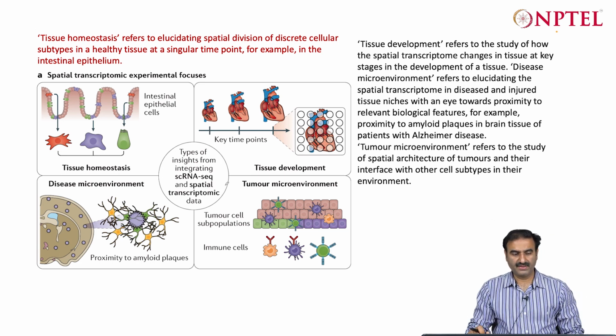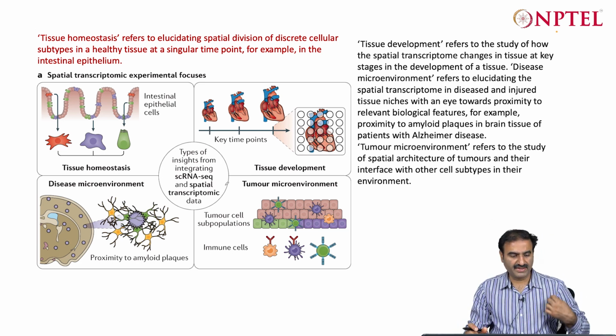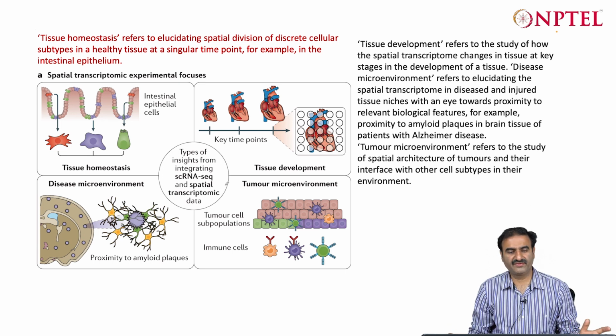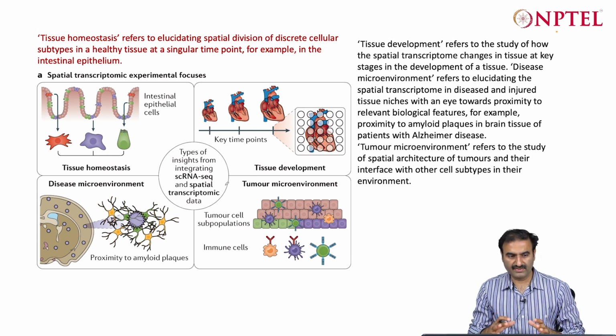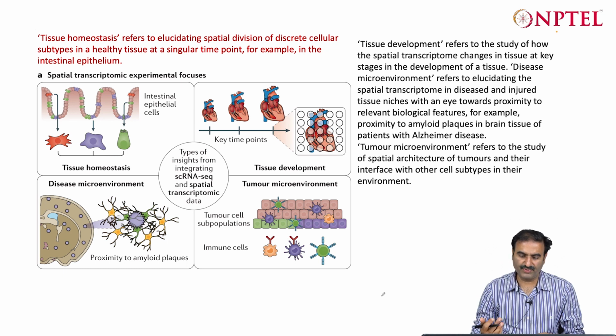And this has a lot of applications, like tissue homeostasis: for a healthy tissue at a single point in time, what is the tissue's homeostasis, but it may change because of various conditions, treatments or time points.